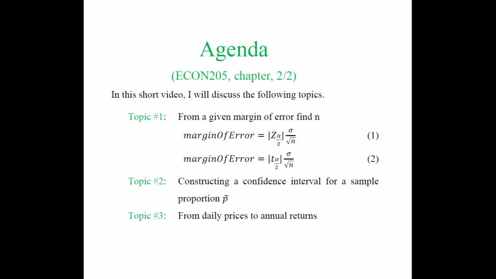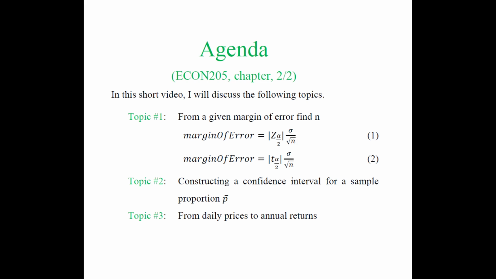Here we assume it's two-sided, so alpha divided by 2. For equation number 2, the standard deviation is not given, so we calculate the standard deviation ourselves based on the given data set, and we also apply the t distribution.